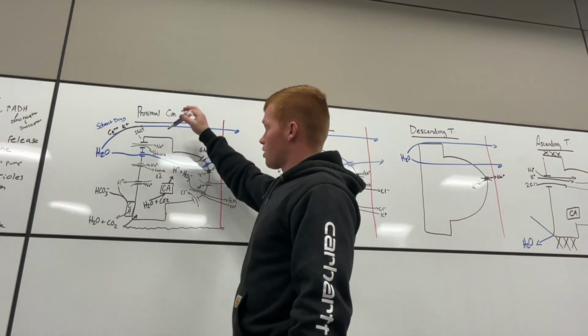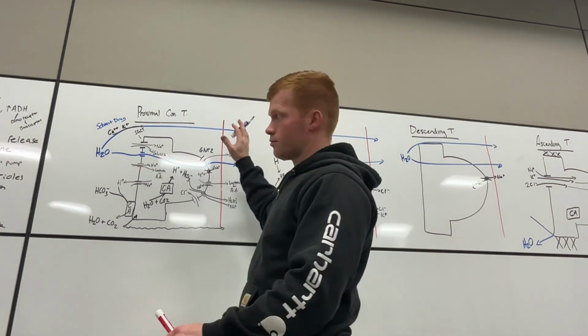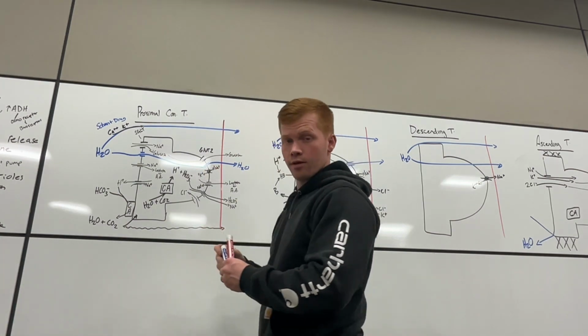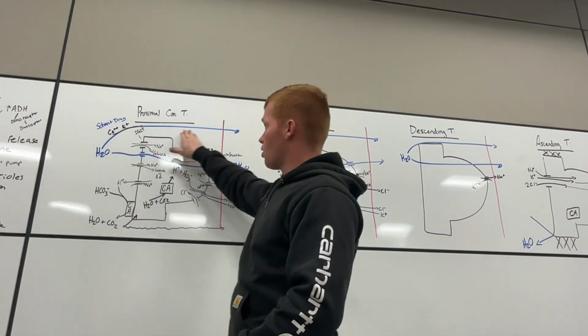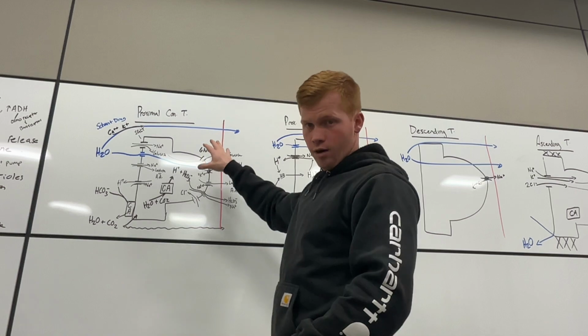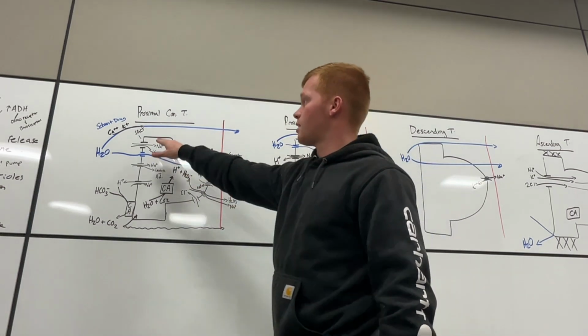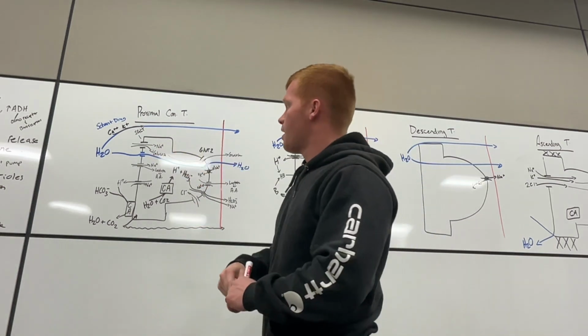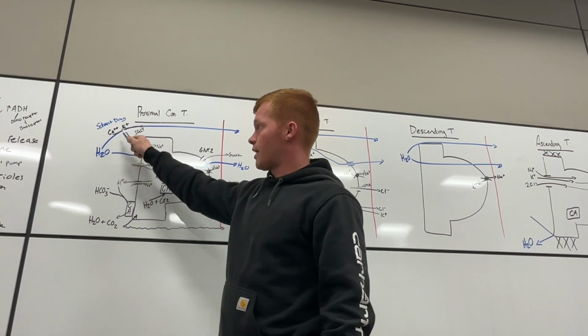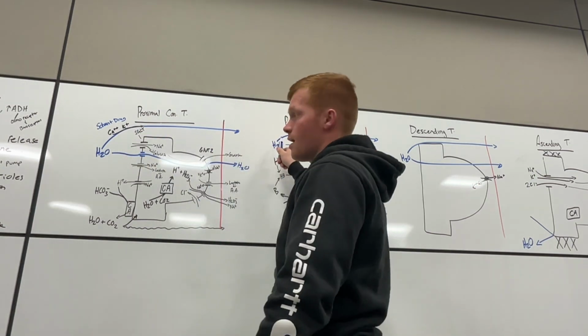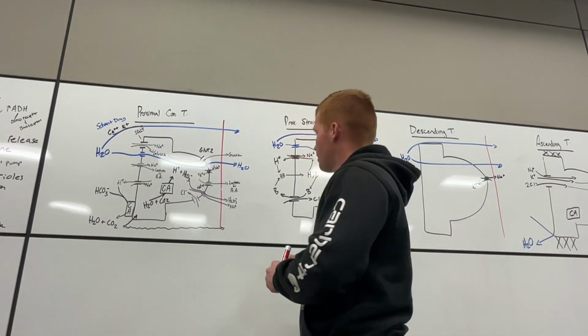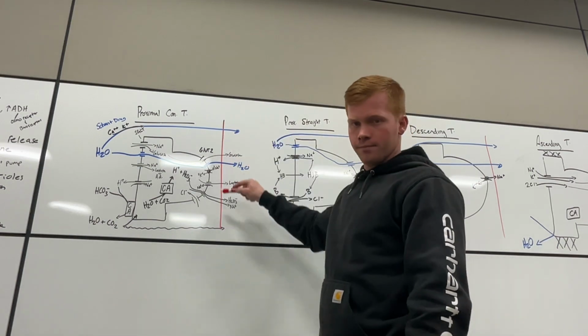So in this case, let's start with water. Water's going through that way. Another important thing with water is as it goes through the proximal convoluted tubule, as it goes in between cells, it can also give a ride to calcium and potassium and bring them into the blood. This is a blood vessel right here.